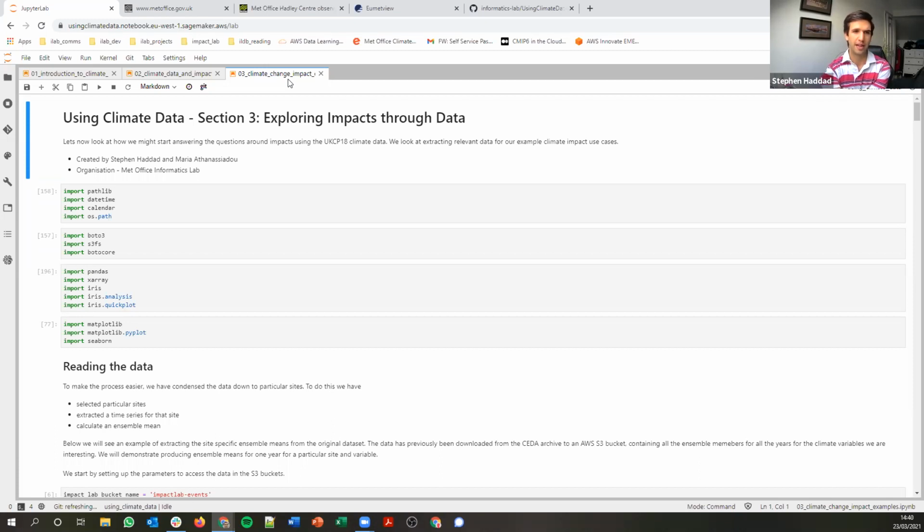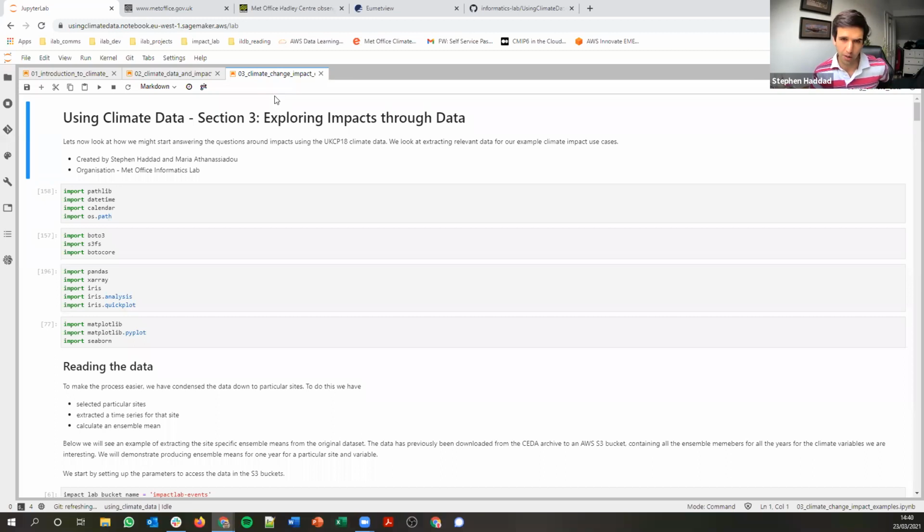We're using standard libraries in Python, for those who are interested: the pandas library for handling tabular data, the xarray and iris libraries for importing and processing the climate data in a gridded array format, and matplotlib and seaborn for plotting our data, so we can visually analyze what the data says and what this means for our business impacts.